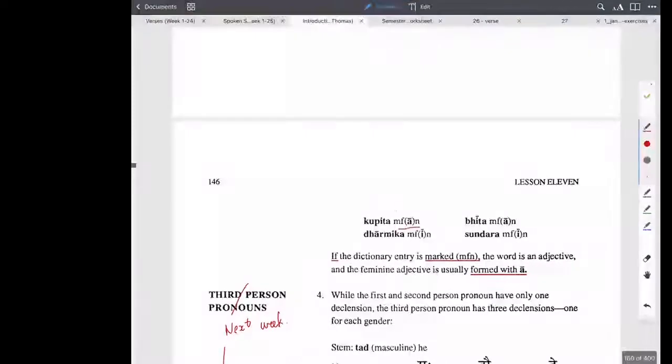If you see m, f, n, it actually means m. All it's telling you is it can take the masculine paradigm, the nara. You can take the feminine paradigm, the sena, which ends in long a. Or you can take the pala paradigm, the neuter.